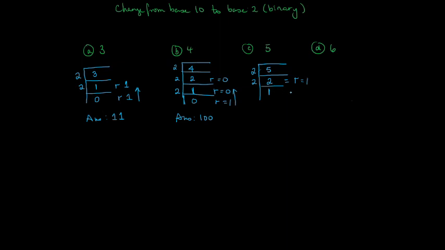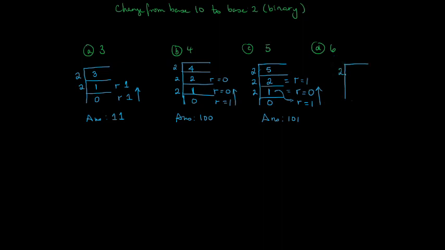So 2 minus 2 equals 0, so we have a remainder of 0. And when we said 2 into 1, it goes 0 times, and this comes down. So we have a remainder of 1. And so the answer will be 1, 0, 1. So we're going up like that. Let's try this one now.